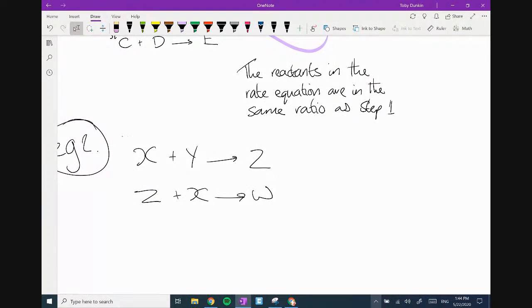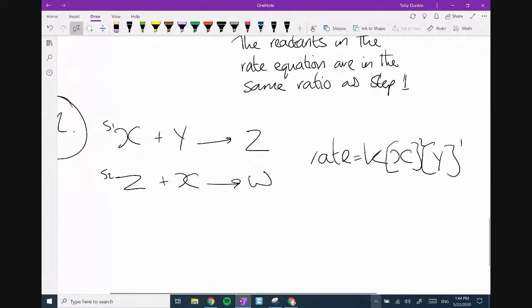Step 1, step 2. Rate equation. Rate equals K, X to the power of 2 and Y to the power of 1. Which step is RDS? Is it step 1 or step 2, and why?